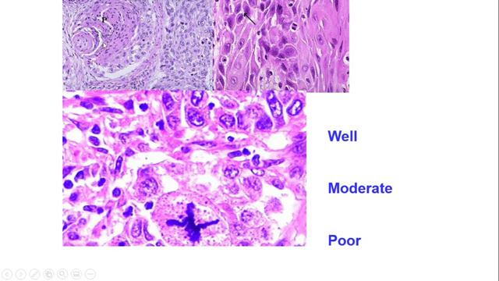This is a feature of well-differentiated squamous cell carcinoma, whereas in moderately differentiated carcinoma there are intercellular bridges, delicate hair-like structures, or desmosomes, connecting each adjacent cell. Hair-like intercellular bridges are a feature of moderately differentiated squamous cell carcinoma without extracellular keratin production.